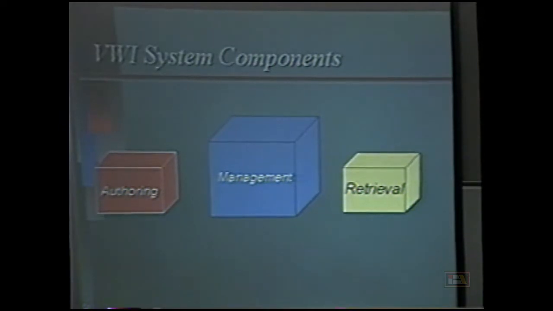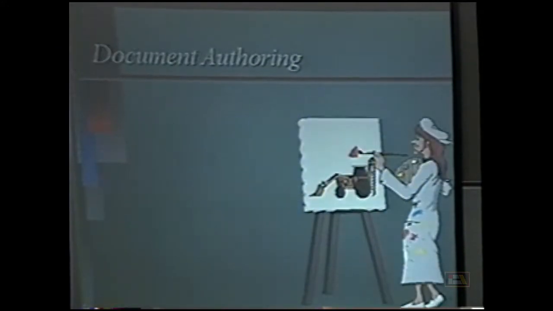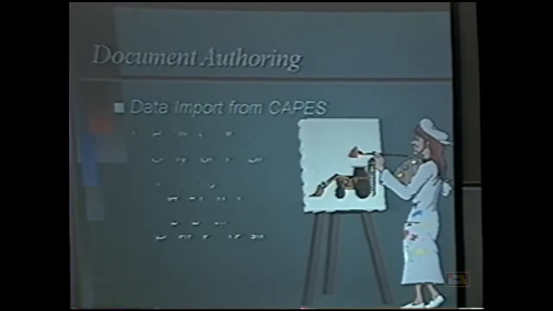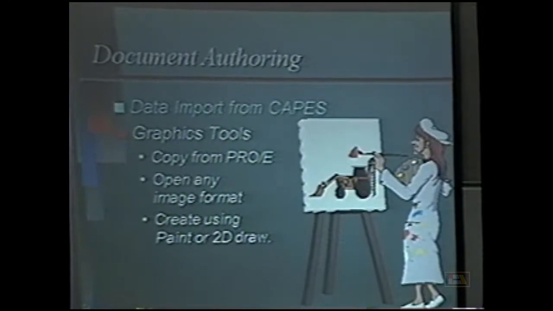Looking at the authoring of OMS sheets, you can import the data from CAPES. You've got all these graphics tools. You can open any image format literally in Raft, and you can also use the 2D or Paint tools. For document management, you've got the workflow I mentioned earlier where you can route these things for approvals or value added.